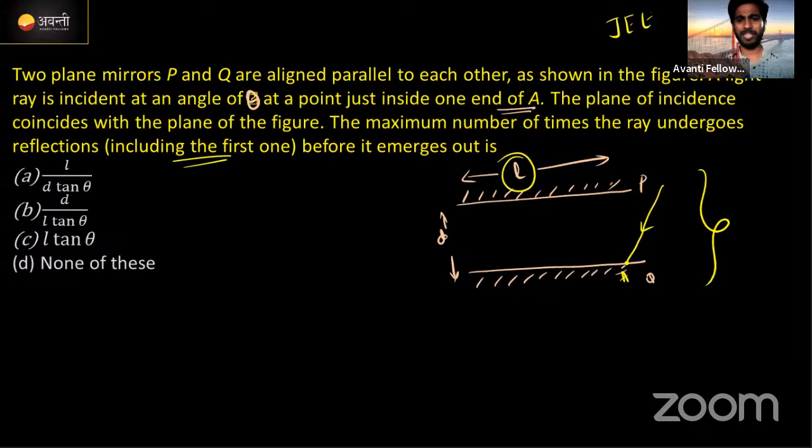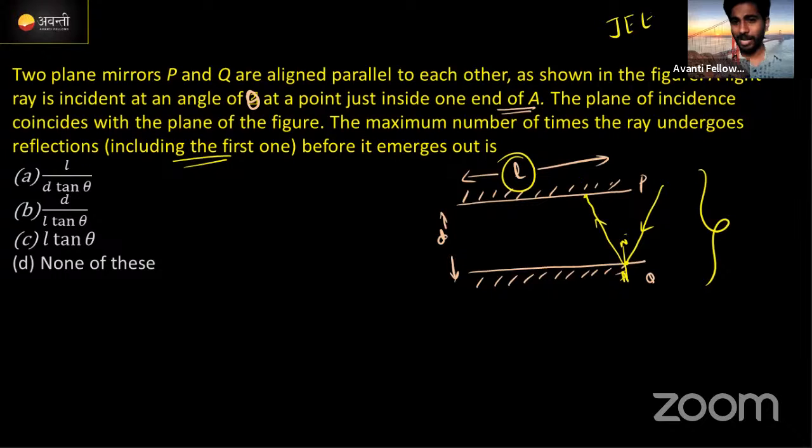Nothing else is given. This is the incident ray. At the point of incidence, if you draw the normal, it will be reflected back to the second mirror. Now it is the first reflection. This is the reflected ray for mirror Q. At this point on plane mirror P, this is the incident ray.